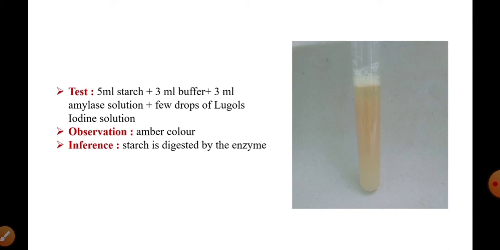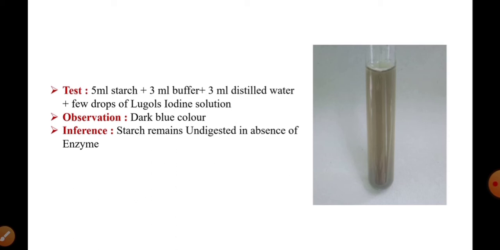Let us see the second one. In the second one, if you remember, we had added 5 ml of starch, 3 ml of buffer and we had added 3 ml of distilled water instead of enzyme amylase. And then we added few drops of Lugol's iodine solution. Now over here the observation that we got was the color changed to blue coloration.